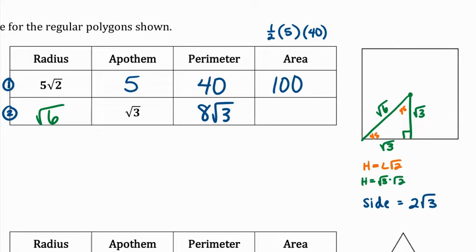And then to get our area, we'll do 1/2 times the apothem times the perimeter. I know half of 8 is 4, and then radical 3 times radical 3 is 3, so 4 times 3 gives us 12 for our area.